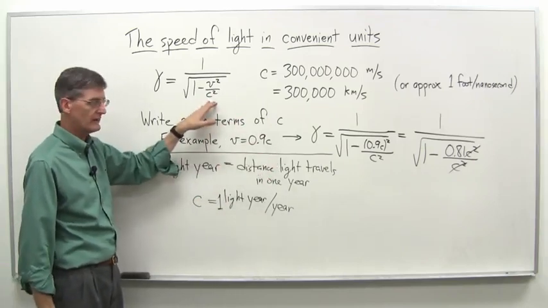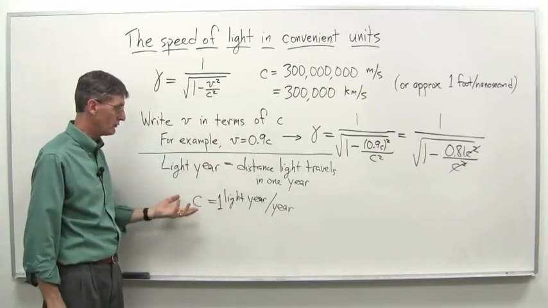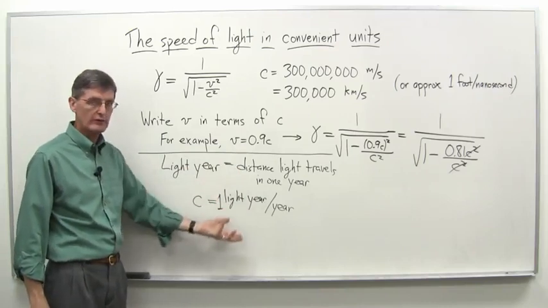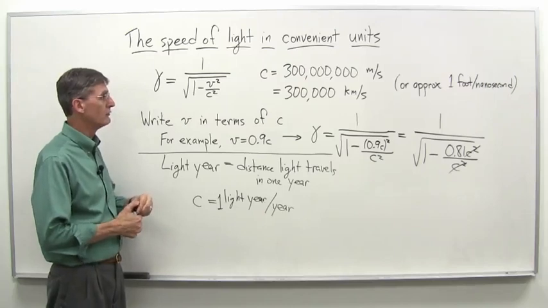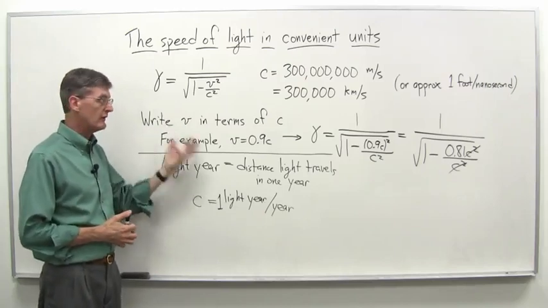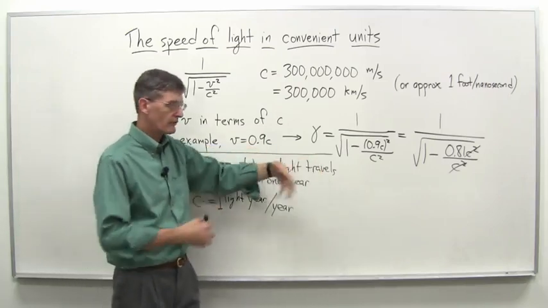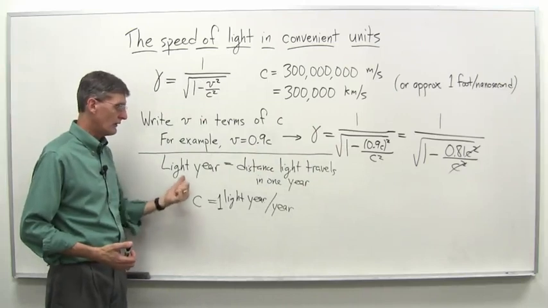And so it's good to see it in the formula, but then when we actually do problems, if we use light years for a distance, then c is just 1 light year per year, and it works out very nicely that way. So that's just a few notes about convenient units for light, whether we write v in terms of 0.9 c or some fraction of c, and therefore it cancels out, or we use units of light years.